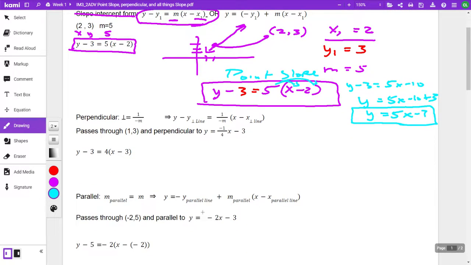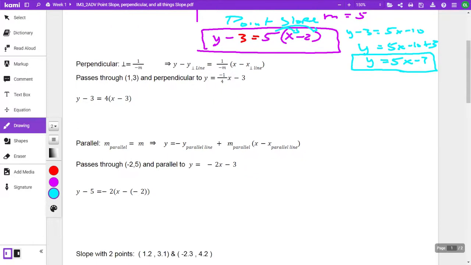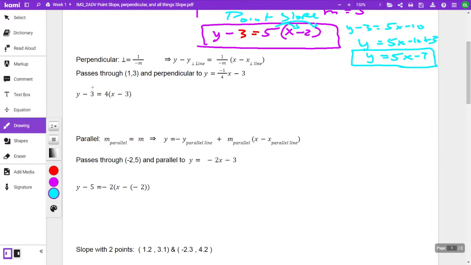So then they kind of take it a little bit farther for you guys. And they say, okay, well, we want a line that passes through (1, 3), and it's perpendicular to y equals negative 1/4 x minus 3. So here's my answer. This is the answer I came up with.